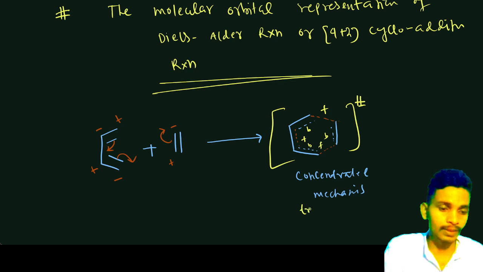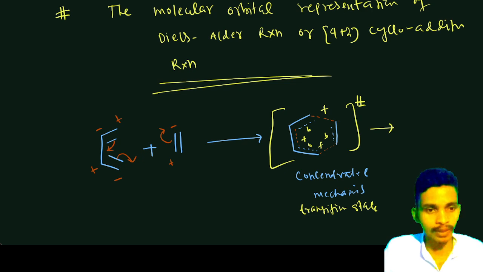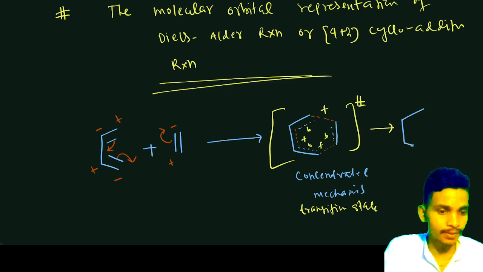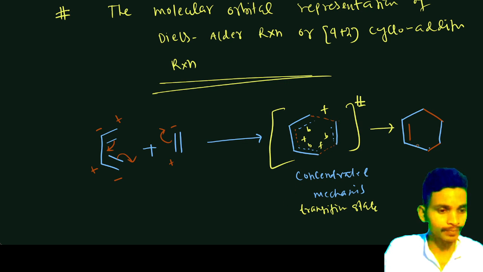Then we get the product: these bonds have formed, this one was already there, and this has broken. So this is the final product that we get.